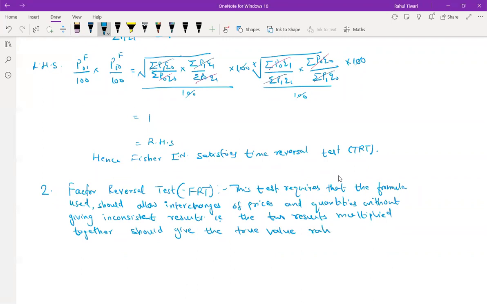True value ratio is also called the value index number. Okay, so I may say that P01 upon 100 multiply with quantity index upon 100, if it is equal to summation P1 Q1 upon summation P0 Q0, equal to value index.